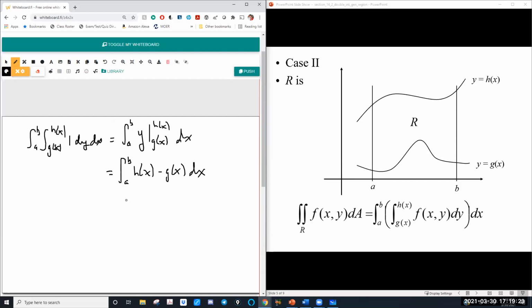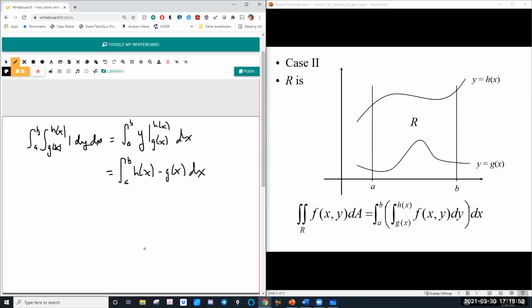Well, think about what we know about this integral. This does the area between h and g from a to b. So I know it's been a while since you guys have done this, but if you can remember back to doing area between curves, it was top minus bottom from a to b. That's where these limits are coming from. So identifying your limits is the same as identifying the top and bottom for area between curves.